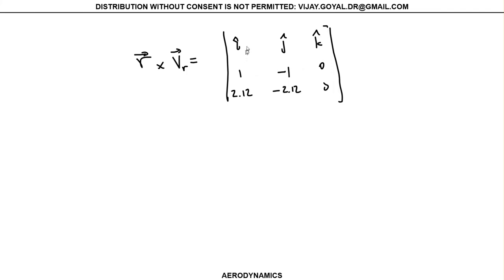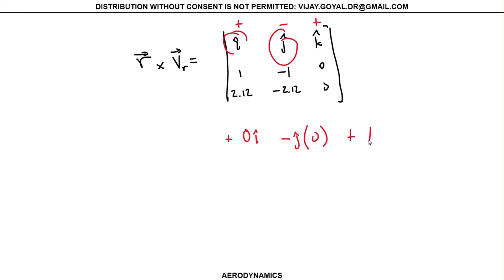So I put this plus, minus, plus. If I take this plus and I eliminate this row and this column, 0 times 0 is 0, so it's 0 i. If I eliminate this, this is a minus j, and that goes 0 times 0 is also 0.